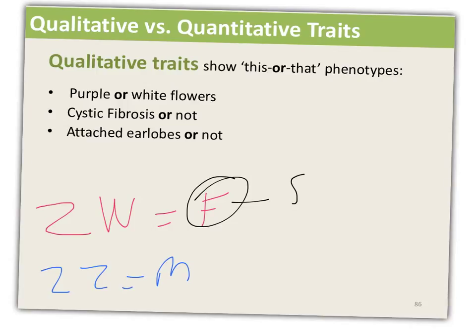Okay. So, qualitative traits show this or that phenotype. In other words, if we have a gene that gives pigment, we'll say, and the pigment, it's probably anthocyanin, it's a pigment-producing gene, is purple, okay, or white flowers.